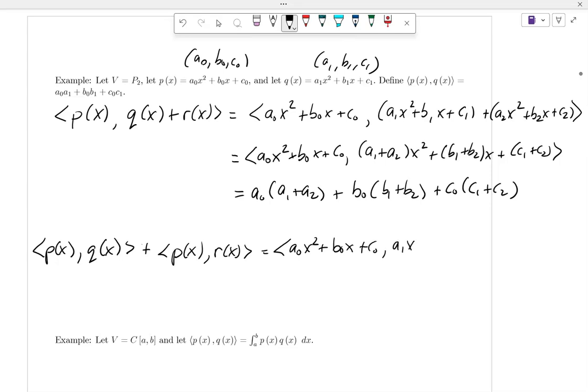And then same idea, but with ones for the Q. And then the second inner product involves the R. That one had the subscripts of 2 on it.